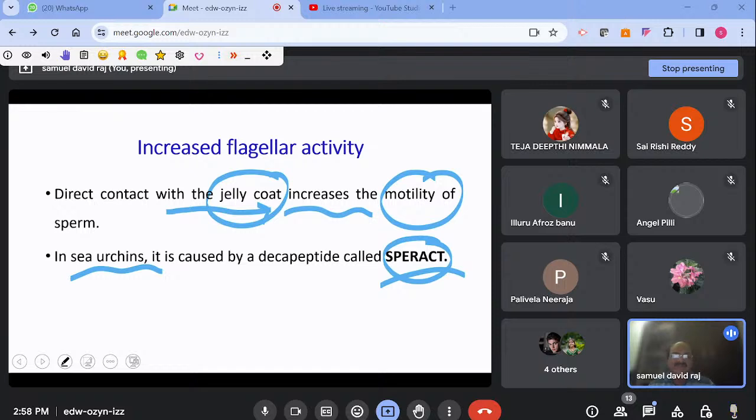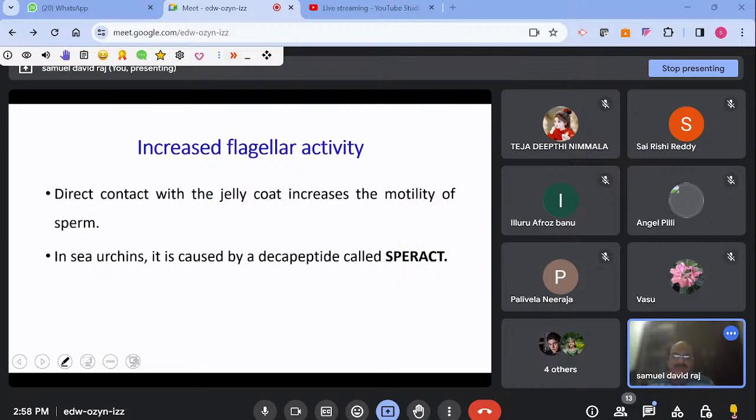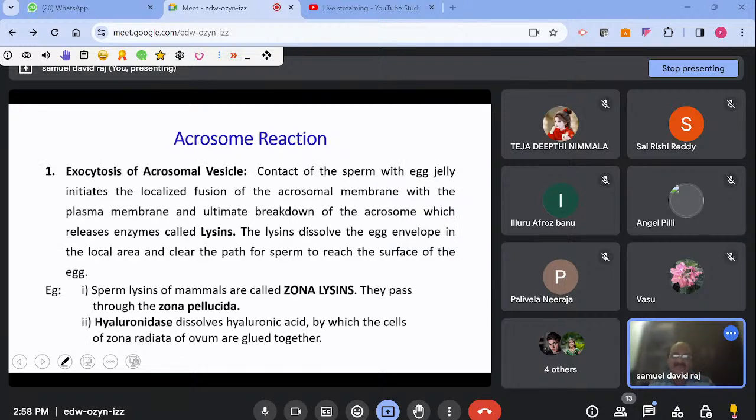In other organisms there are certain other mechanisms which are not yet revealed, and research may still be going on. So first of all, the motility of the sperm is increased when it comes in contact with the ovum. After that, the acrosome reaction takes place.